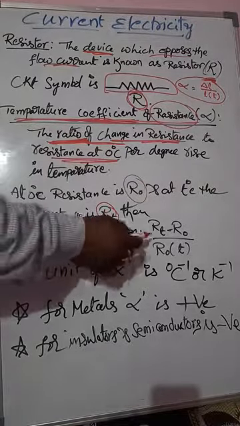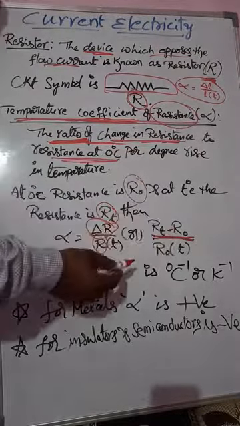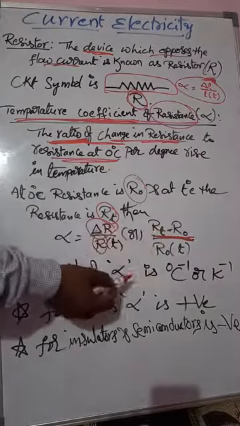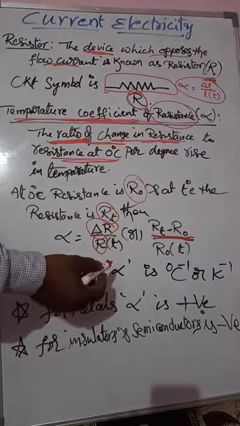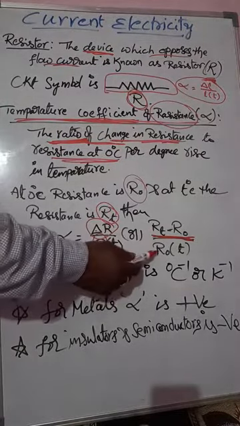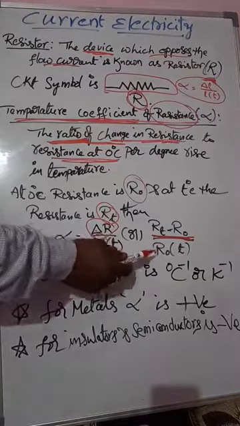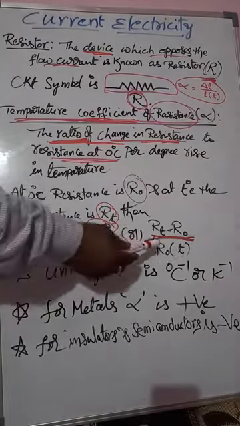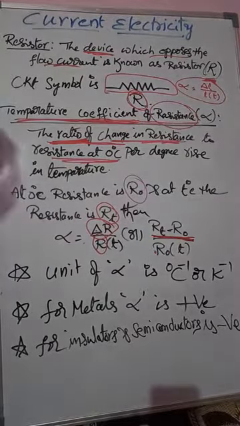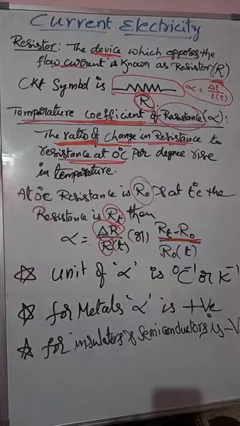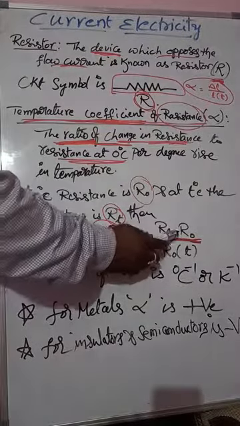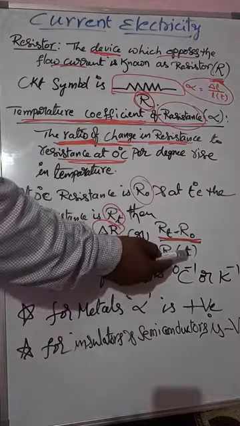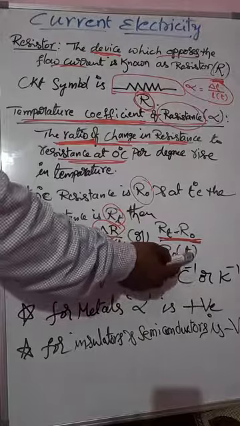According to the definition, the change in resistance delta R is RT minus R naught, and R naught is the resistance at 0 degrees, per 1 degree rise in temperature. So alpha equals (RT minus R naught) by R naught into T, since T minus 0 is just T, the temperature difference.